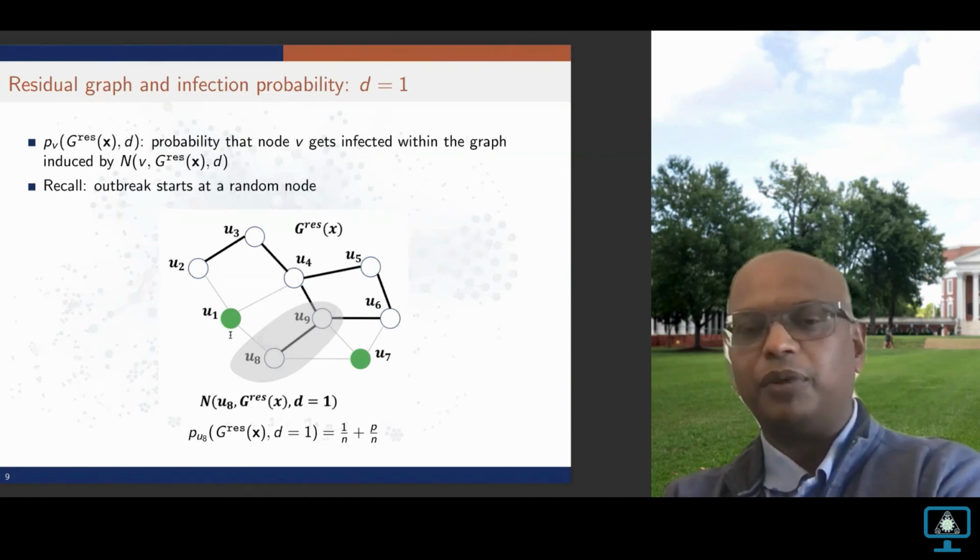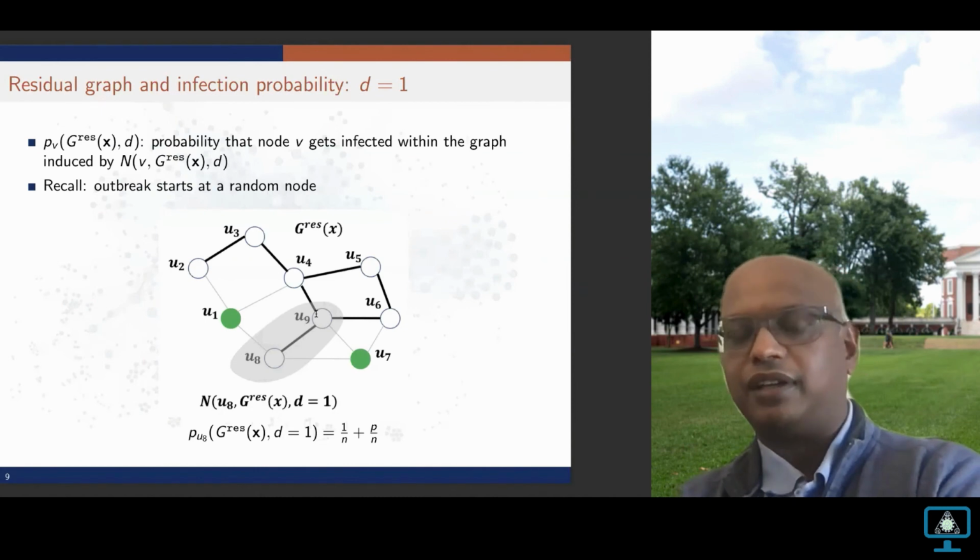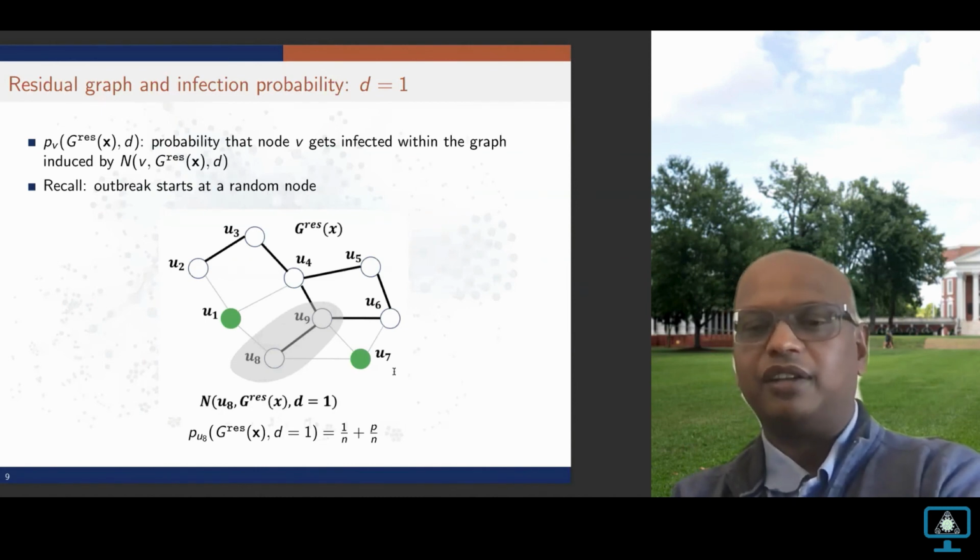In its one-neighborhood, 2 nodes are vaccinated. This node is not vaccinated. So within that neighborhood, it decides it has this much probability of getting infected. This decision is based on an estimate by this node of its possible infection cost. It's not the real infection cost, if that makes sense.